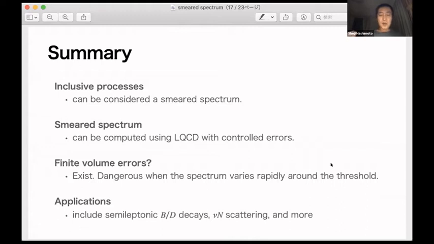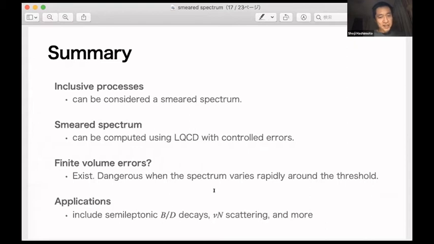So what happens when I add more and more terms, and what would be the error corresponding to that can be computed or estimated reliably. That is probably an important thing here. And the finite volume errors I can address if there is any question.